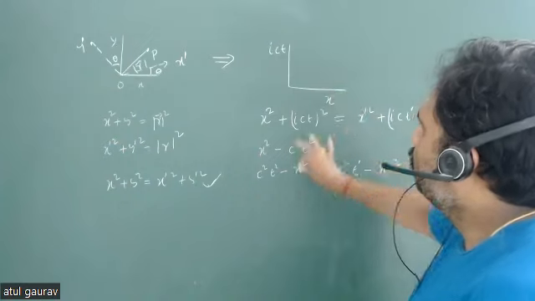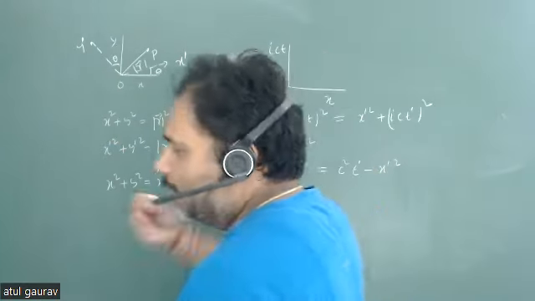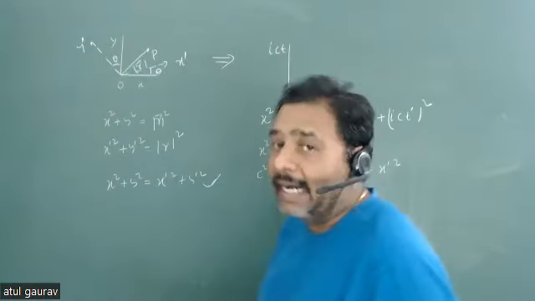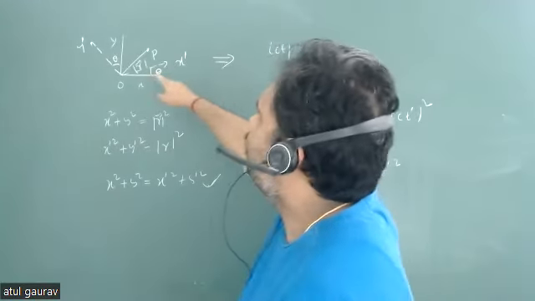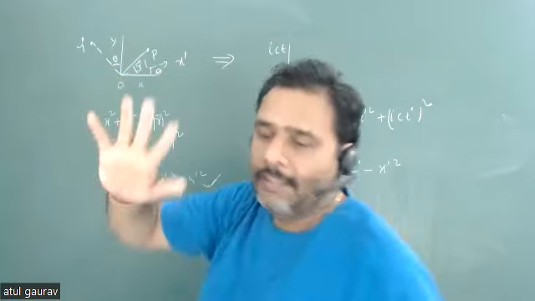Now look at what we are going to do in this particular thing. So we have another axis, that is x dash and ict dash. And how these axes x dash and ict dash will look is something like this, or something else.